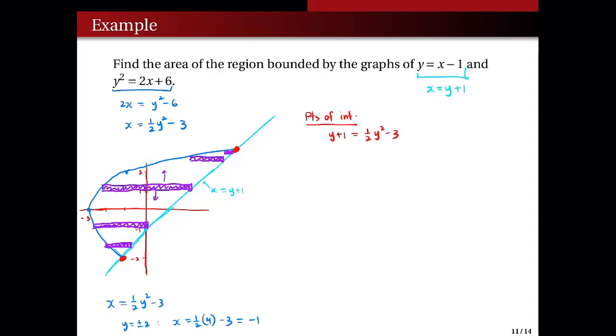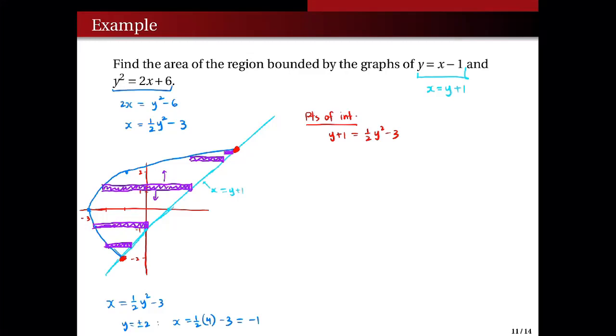So there was a question here. Why did we do this y equals plus and minus 2? I just used these two points to approximate the sketch of the graph. I know that this is a parabola because of the given equation.